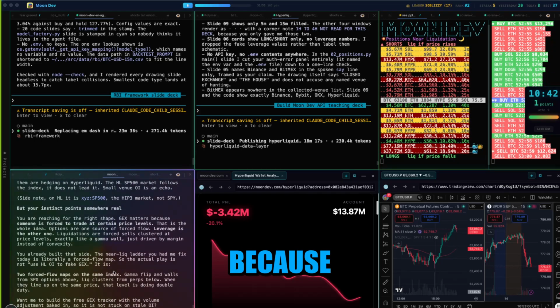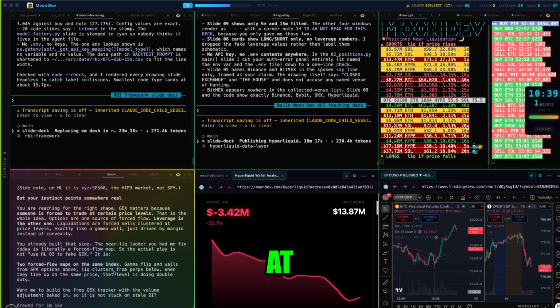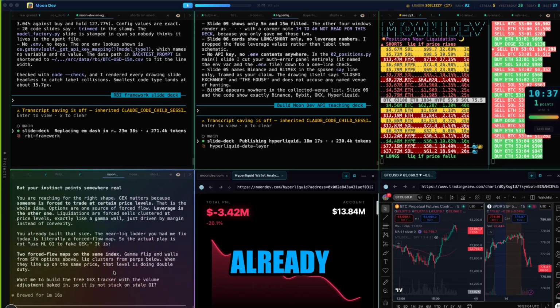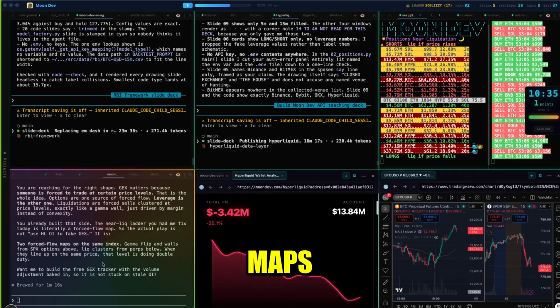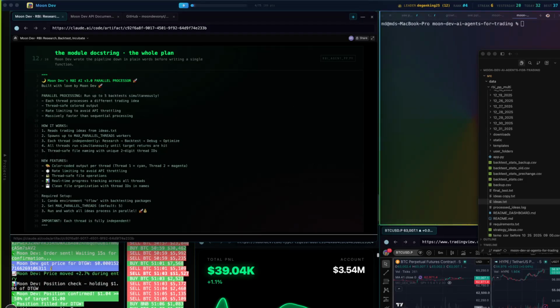GEX matters because someone is forced to trade at a certain price level. You already built that side. Two forced flow maps. This is gonna be crazy.